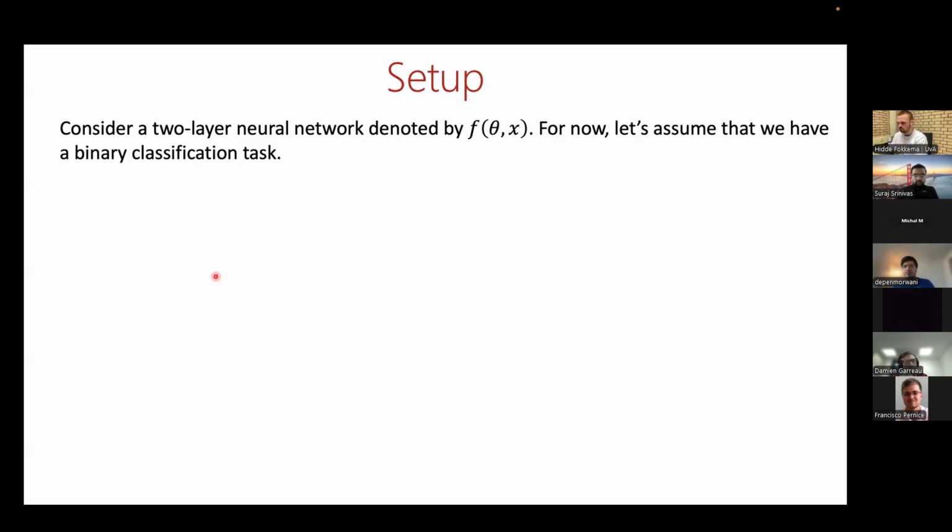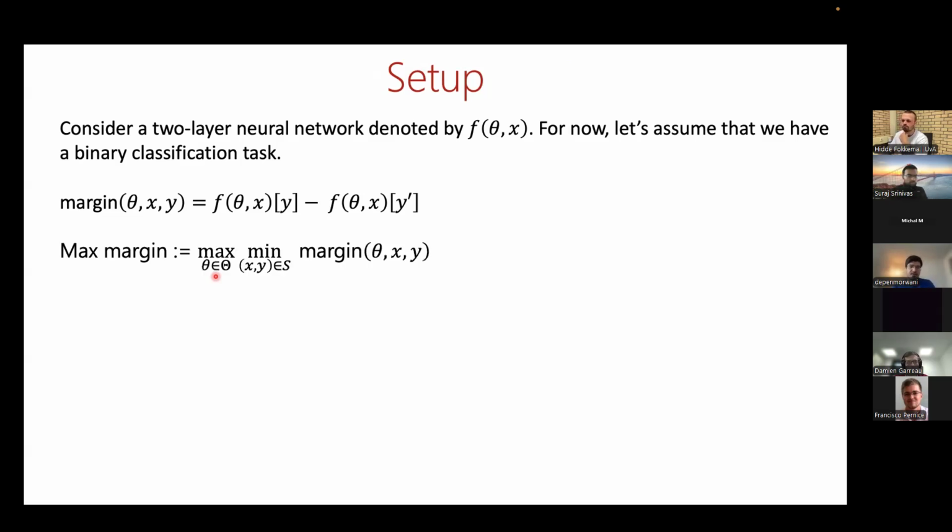For now, we'll assume a binary classification task because the proof technique is easiest for binary classification, but we'll extend it to multi-class as well towards the end, because modular addition is really a multi-class classification task. For a binary task, this is how the margin is defined: for the true class y, we take the neural network's output on the true class and subtract the other class.